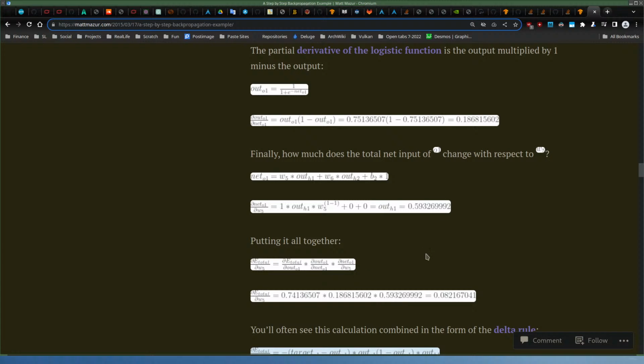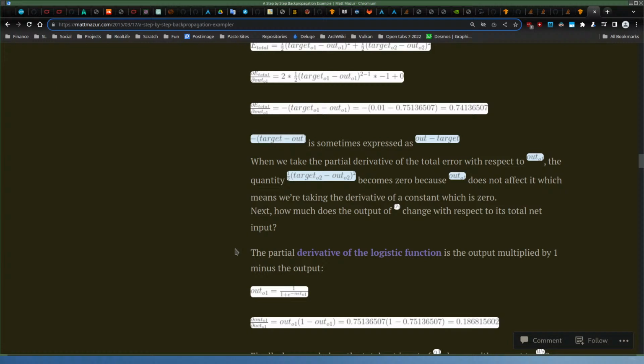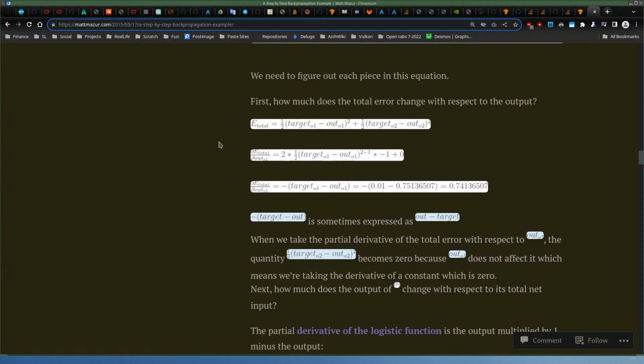And that one is there, that one is there, and the 0.74136. That's here, right? Yeah.